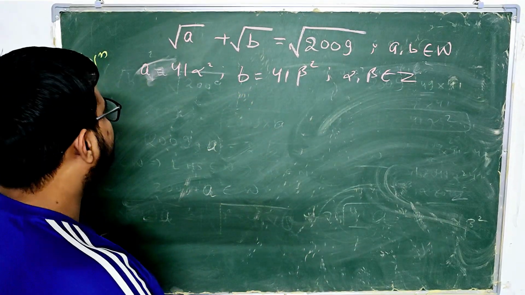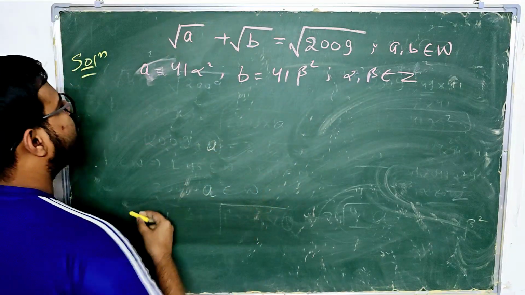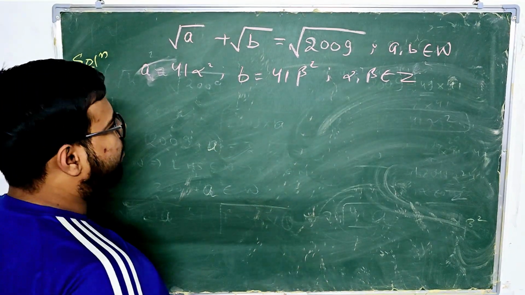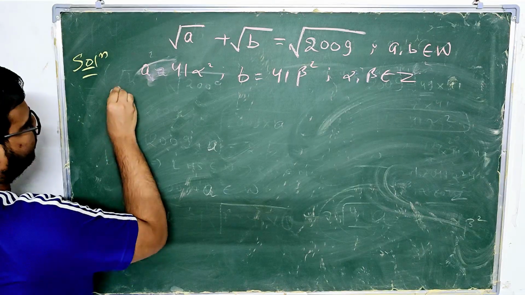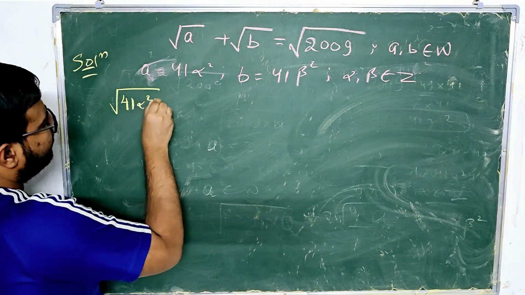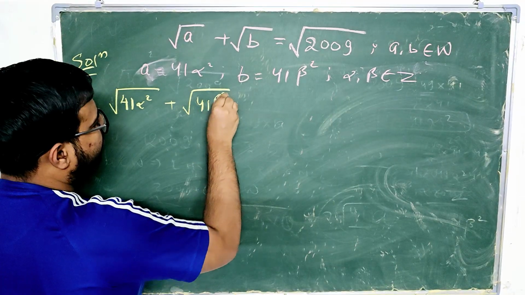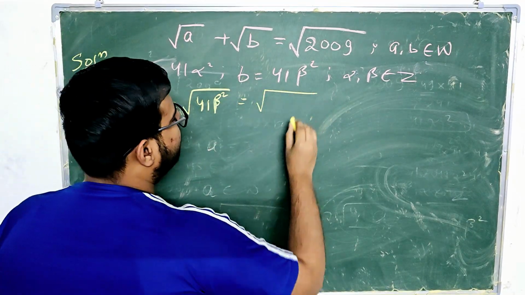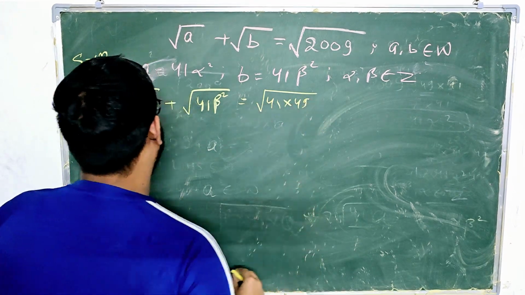Okay, so now we have this expression which we are given. So let's solve for alpha and beta. Just substitute over here. You will get 41 alpha square plus 41 beta square is equal to square root of 41 times 49.